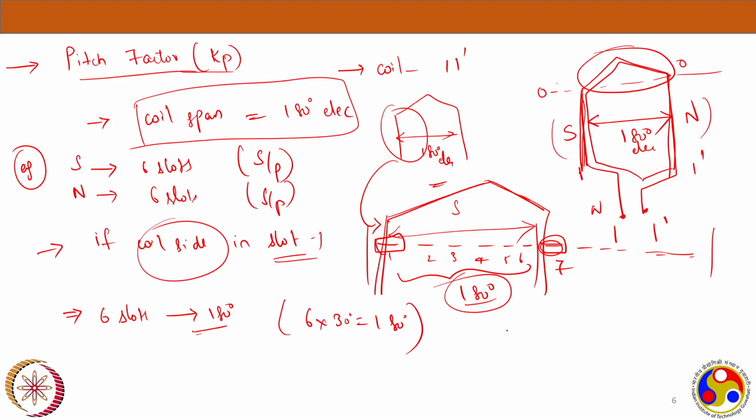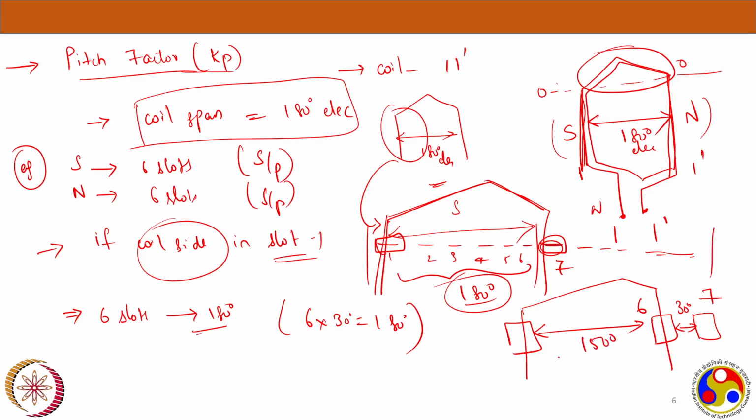So this is the 6th slot and this is the 7th slot, and I have lost 30 degrees here, right? Now my coil span is 150 degrees, not 180 degrees.